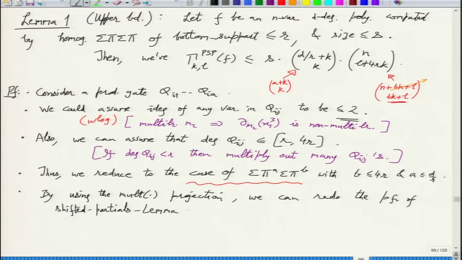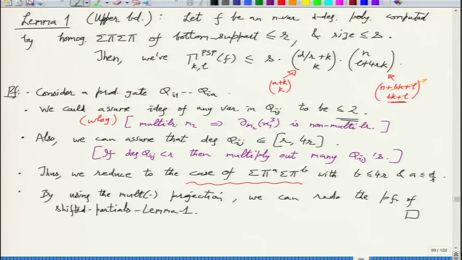So shifted partials lemma 1. When you do that, you will get this bound. A is D by R and B is 4R, and moreover this n plus Bk plus L goes away, just n remains. Is that clear? Yeah, so that's the upper bound.